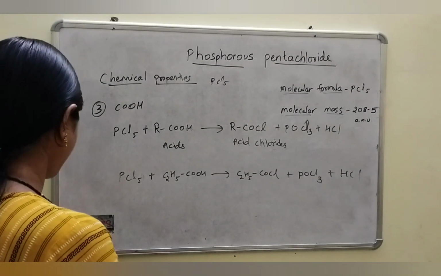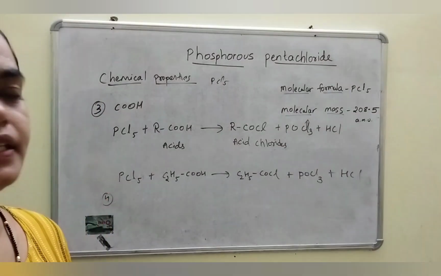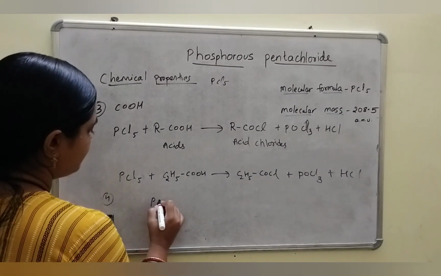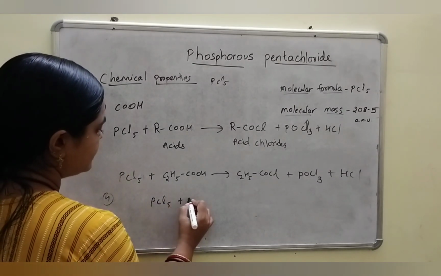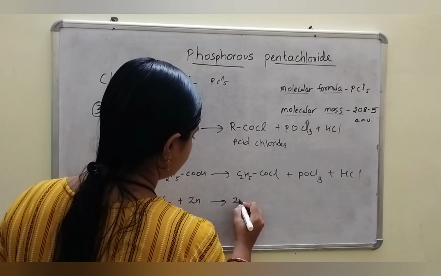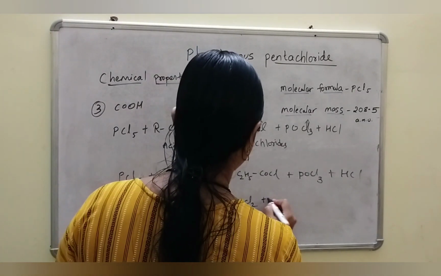Let's see the fourth property, that is when these are treated with metals. PCl5 when treated with zinc metal gives ZnCl2, zinc chloride, plus POCl3.